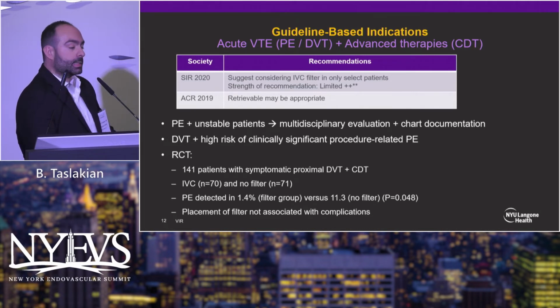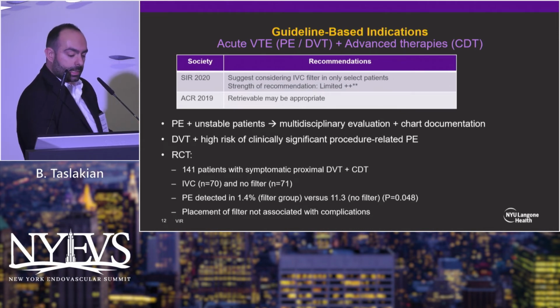In PE cases, and if the patients are unstable, they suggest multidisciplinary evaluation and chart documentation. In DVT cases and high risk clinic, and in addition to high risk of clinically significant procedure-related PE, they also suggest placement of the filter or at least protection and then removal of the filter.